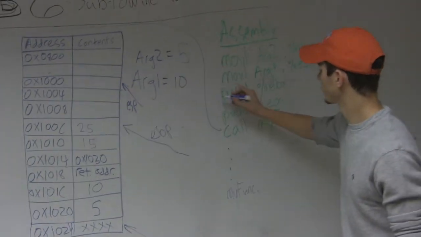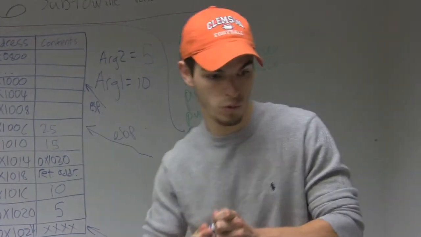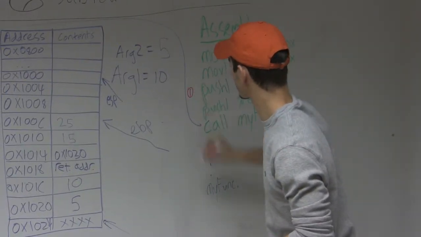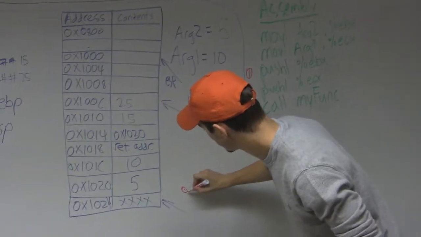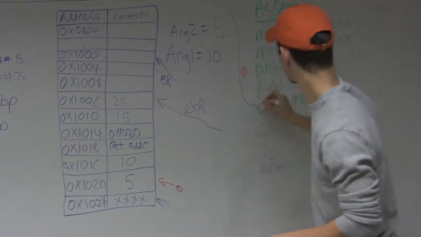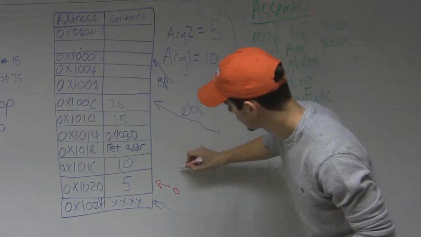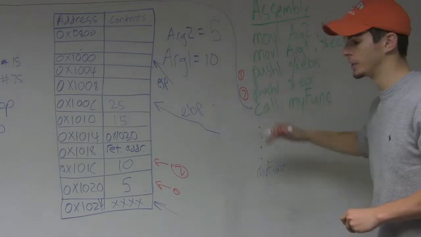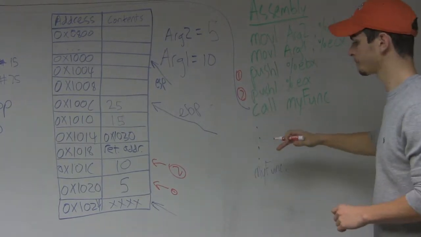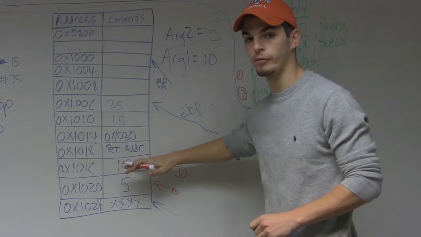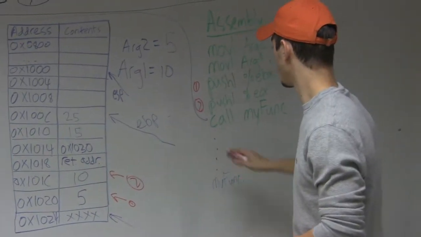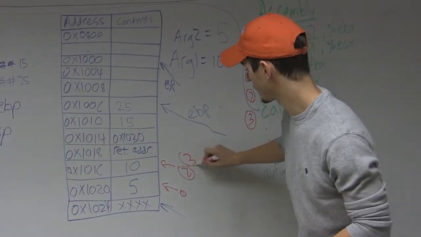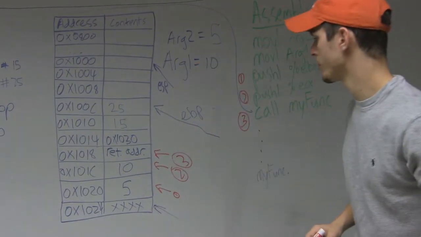So, for example, let's denote this 1. For 1, now it's pointing here. For 2, now it's pointing here. Because with each push instruction, the stack pointer is decremented in order to be pointing at the top of the stack. And so likewise for the call, since it's pushing the return address, now it's pointing here.